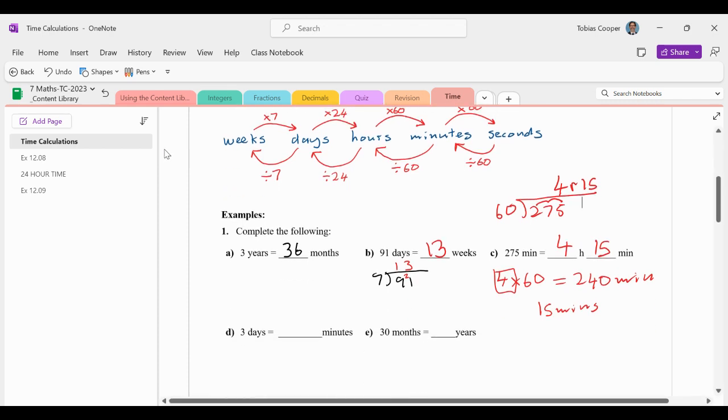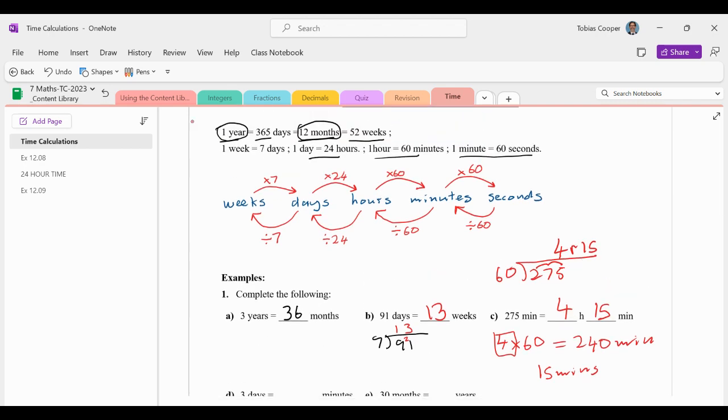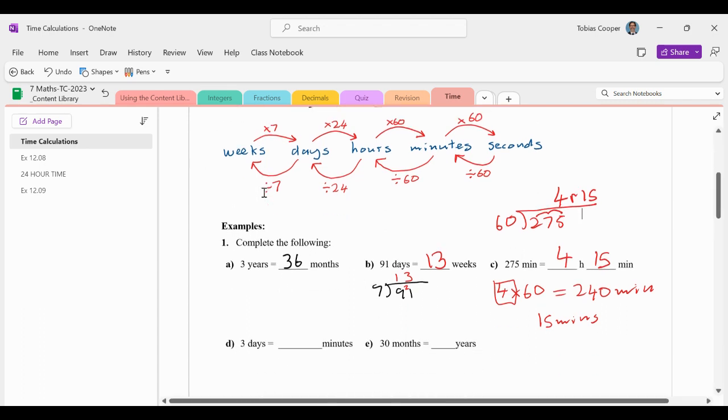Okay, now 3 days into minutes. Well, let's have a look at your diagram again. Days into minutes. Okay, so 2 things to do. Days into minutes, we're going to times by 24 and then times by 60.